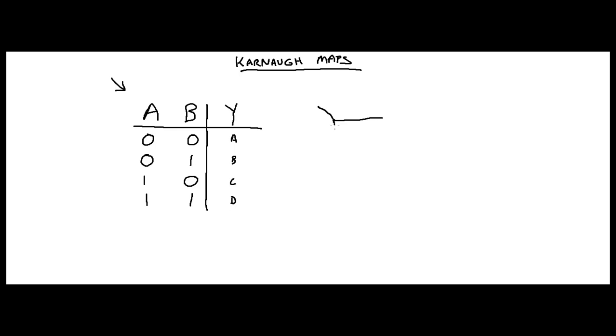Now a Karnaugh map basically looks like this. It's a square grid. Now we have two variables, right?